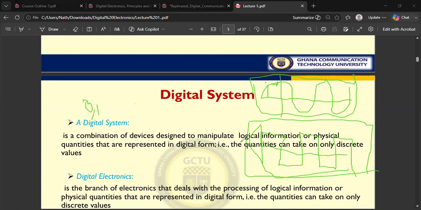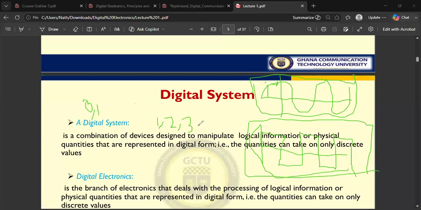So basically, what it means is that it can take only discrete values. When I say discrete values, it's constant interval values, right? So you can go 1, 2, 3, and continue like that, then 4.